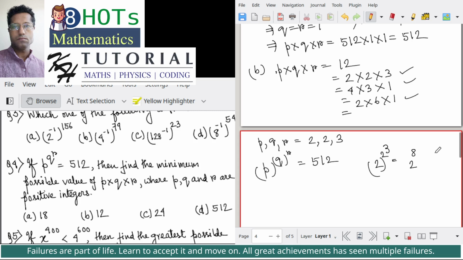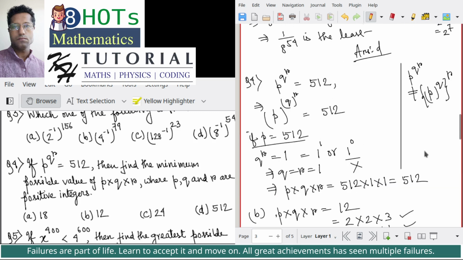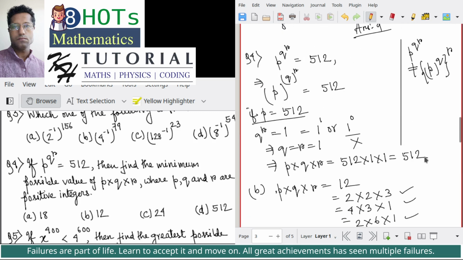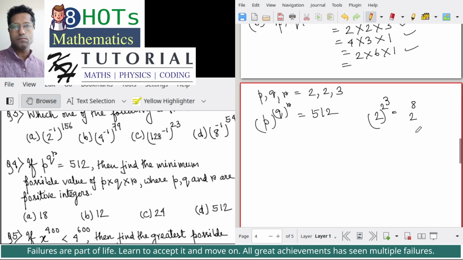What is 2 to the power 8? 2 to the power 8 is, I think, 512.